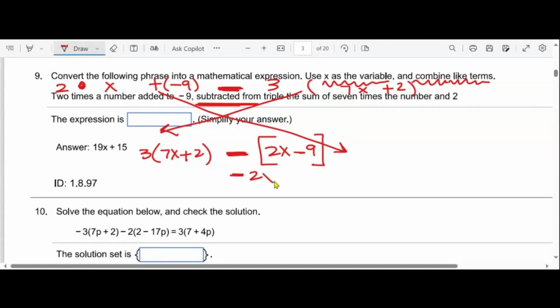So now it's going to be negative 2x plus 9, and here 21x plus 6. Okay, so combine like terms, you're going to get what? 19x plus 50. Easy as easy. Yeah, the next one.